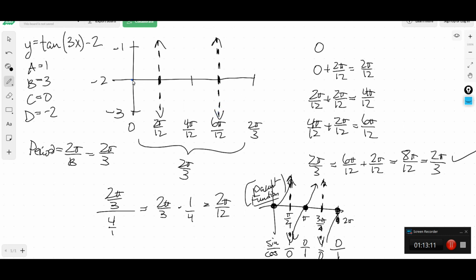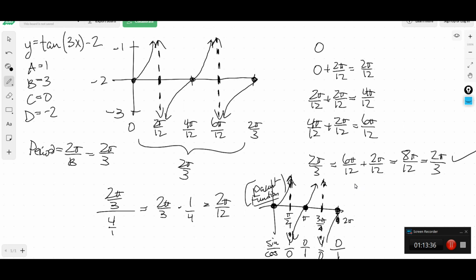I know that the graph has zeros at these points, and then it looks like this. That's my tangent graph.